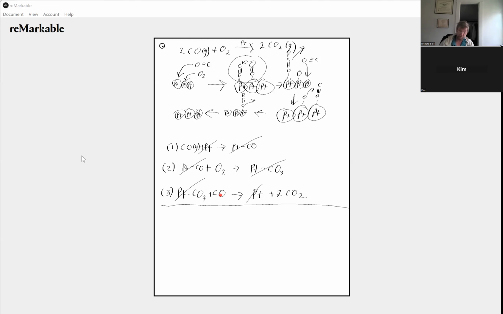We have 2 carbon monoxides. We have 1 oxygen. Everything cancels but our 2 carbon dioxides here. If it does not add up to your overall reaction, it is not a valid mechanism. Like I said, we can disprove something. So that's the first test, just the first test.